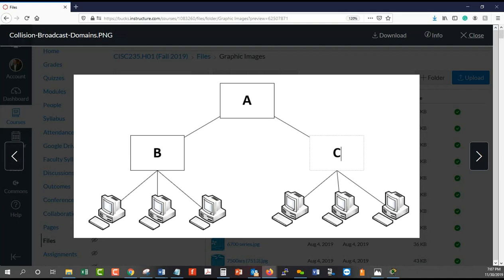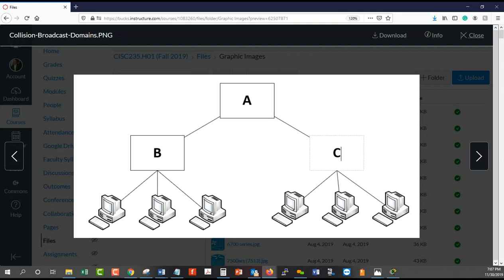Okay, you are correct about the broadcast. There's still only a single broadcast domain because there are no routers. However, every connection on a switch is a separate collision domain. However, every connection to a hub is a single collision domain.